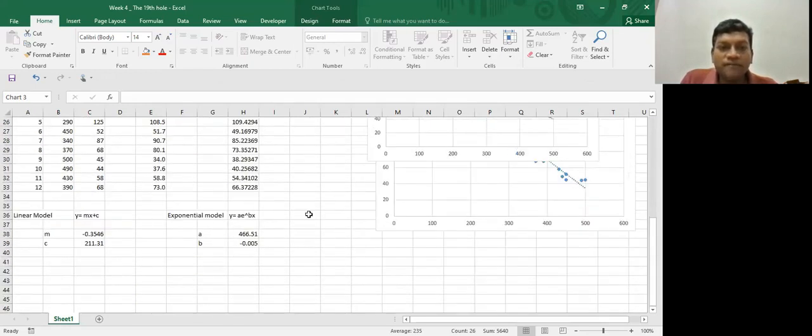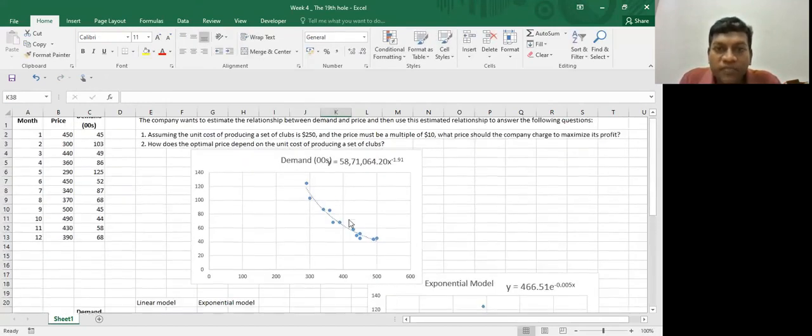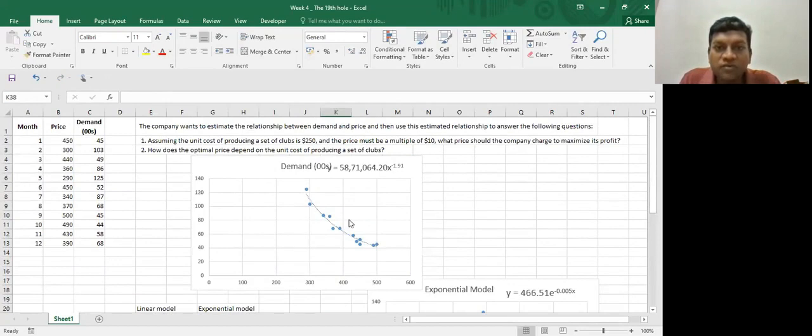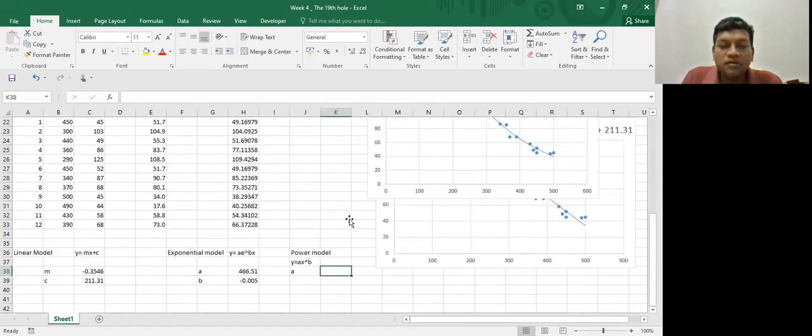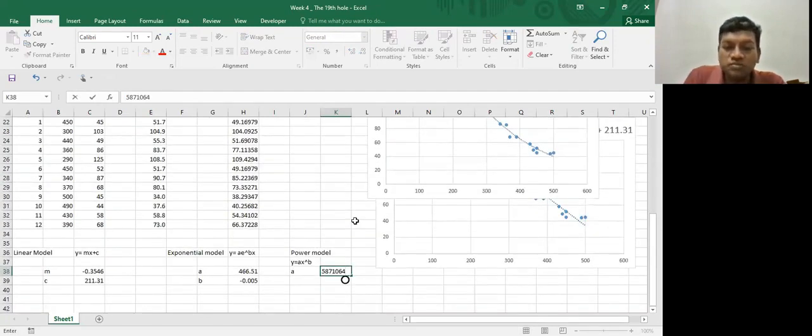The power model: y is equal to a x raised to b, and a is 5871064.2.